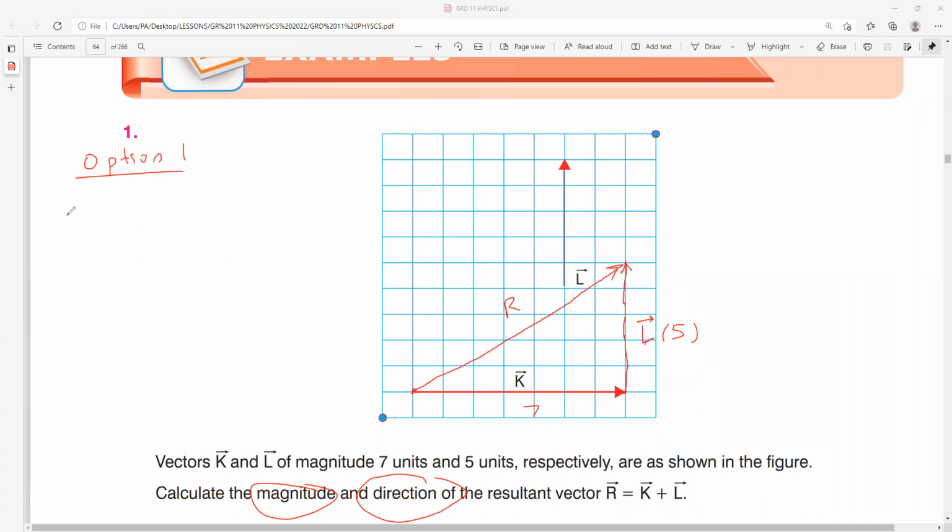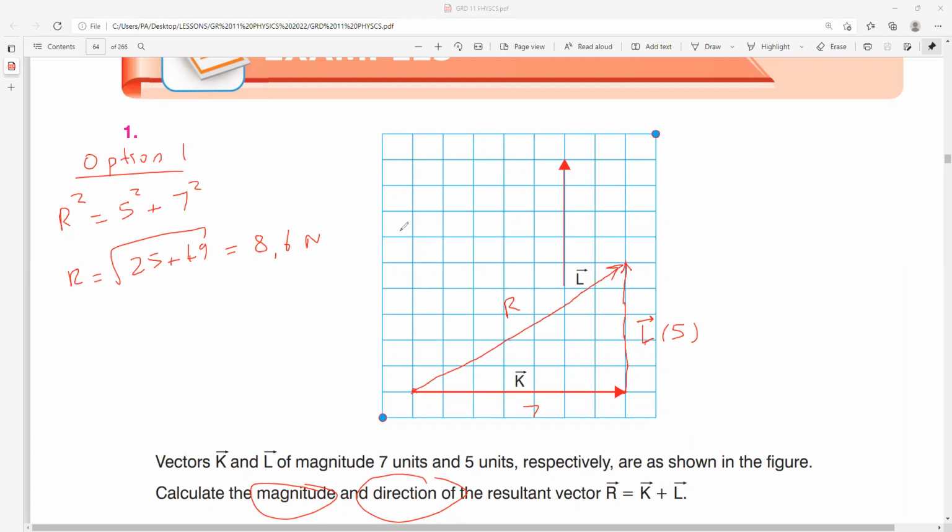And then you are using R square equals 5 square plus 7 square, and then R equals square root 25 plus 49. And when you calculate it, what are we getting? 8.6 newtons. Direction is here, and then we have done.